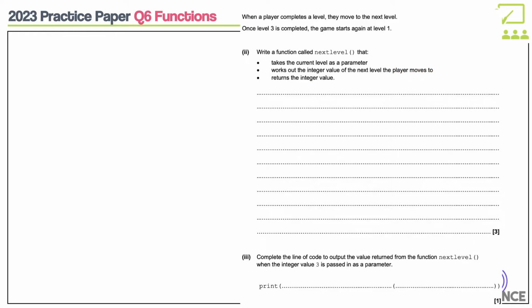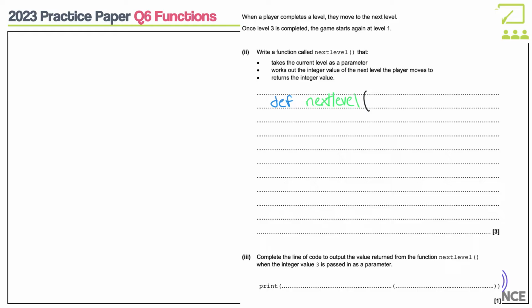All right, so in Python, how are you going to define a function? What's the first thing you're going to write down? D, E, F. What's the next thing I need to write? Yeah, the name of the function, in this case, is next level. Now, in the brackets, that is where you put what?